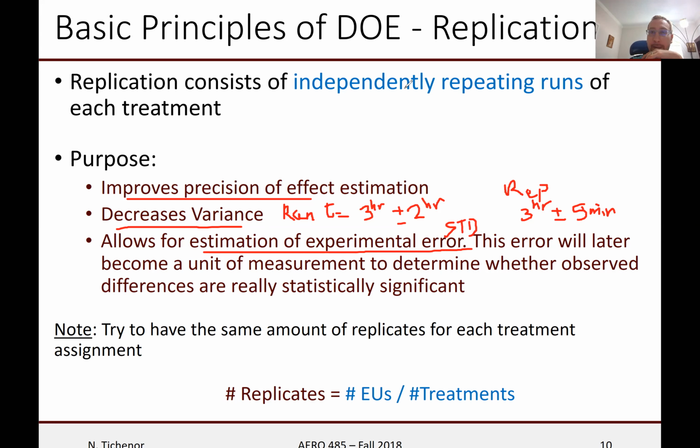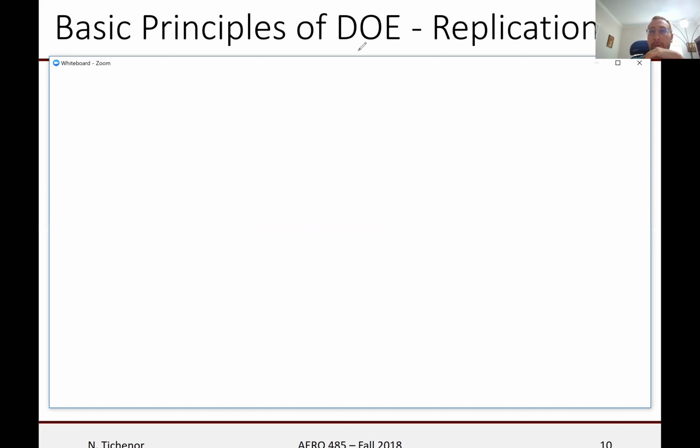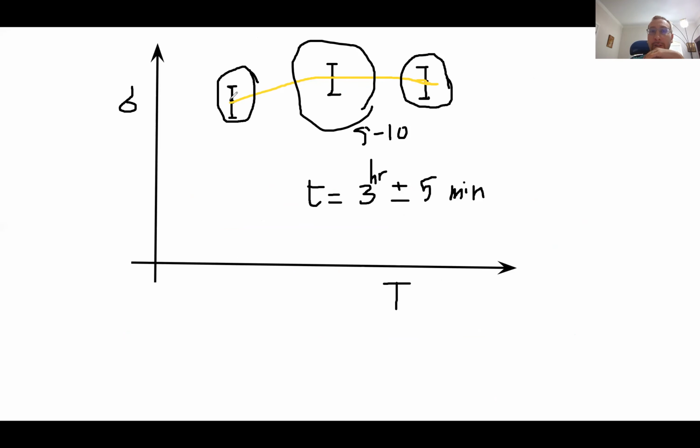Now, how is that error important? Well, when you go back to this whiteboard, you see a difference between, for instance, this measurement and here. This is the difference between these two, and it happened, let's say, from 100 to 150.